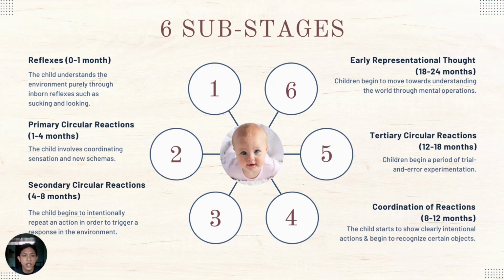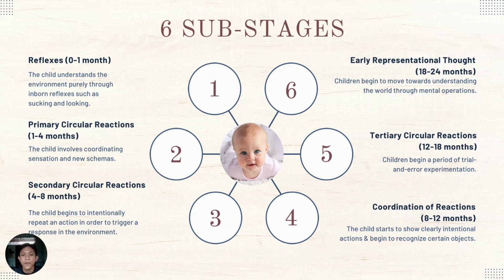The third substage is secondary circular reactions, from 4 to 8 months. The child begins to intentionally repeat an action in order to trigger a response in the environment. For example, a child will purposely pick up a toy in order to put it in his or her mouth.